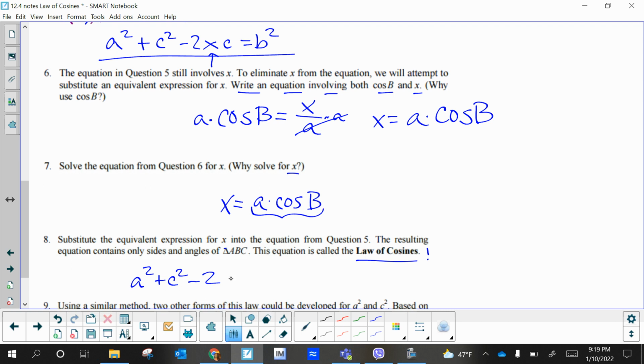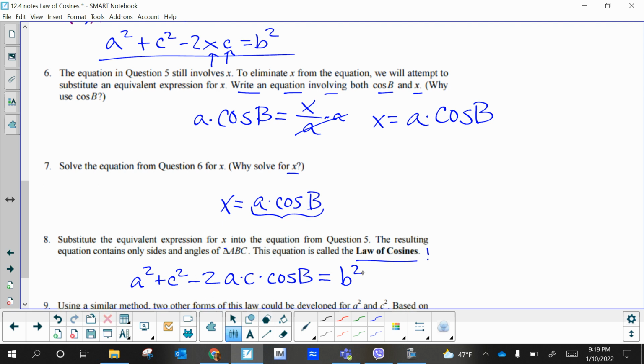So a times, I still have a c right here that I want to put at the front, so I'm going to put it at the front, times c times cosine of b. And what does that equal? That equals b squared. Okay, so that's a pretty big long formula, but that is the law of cosines.